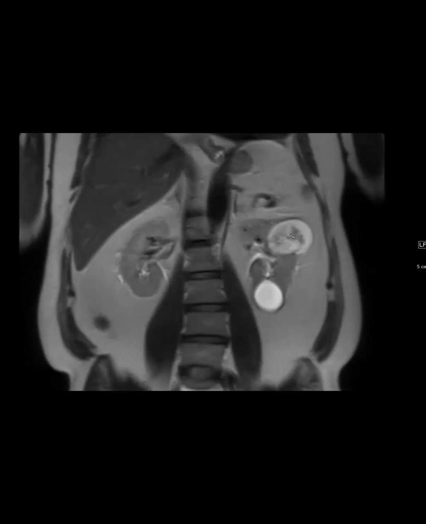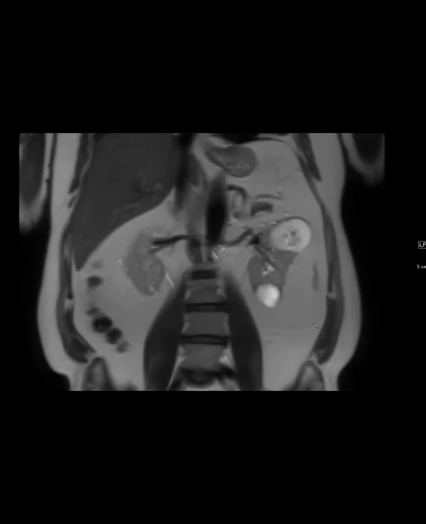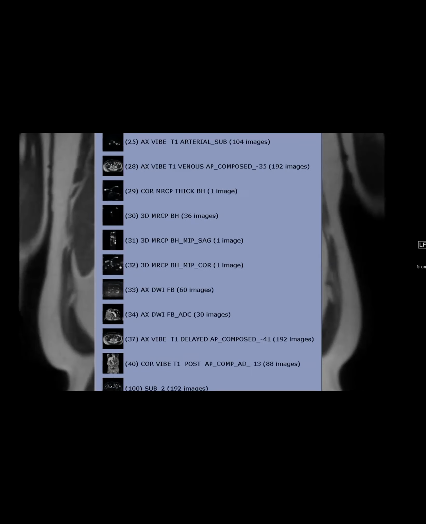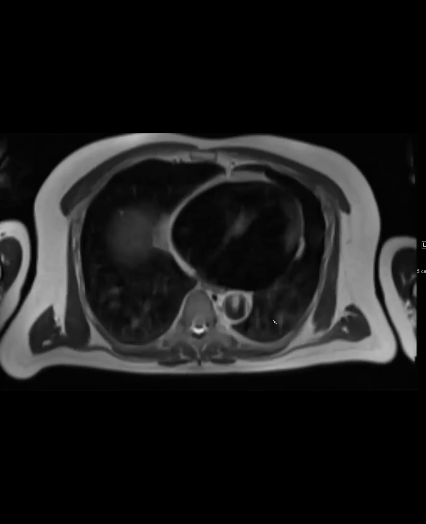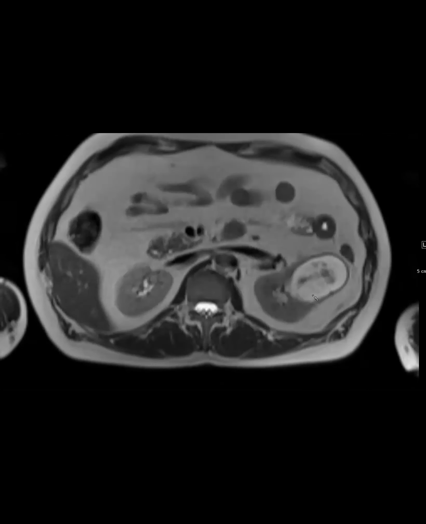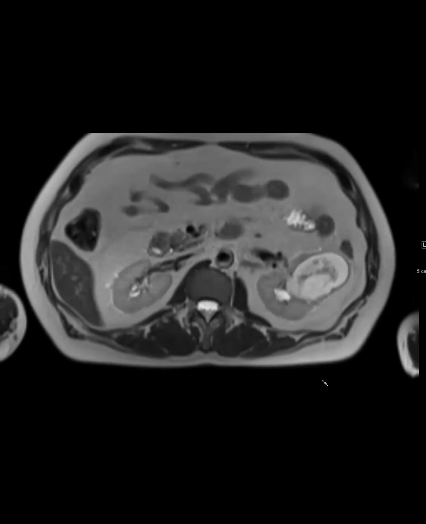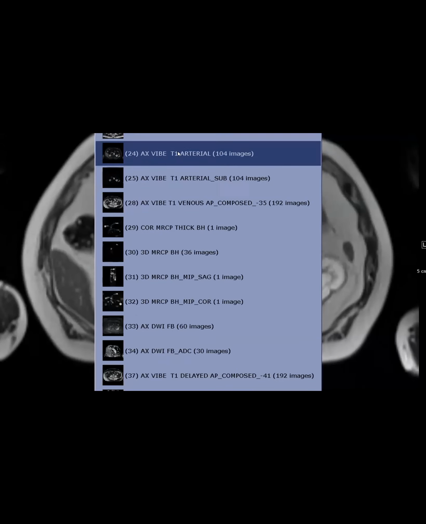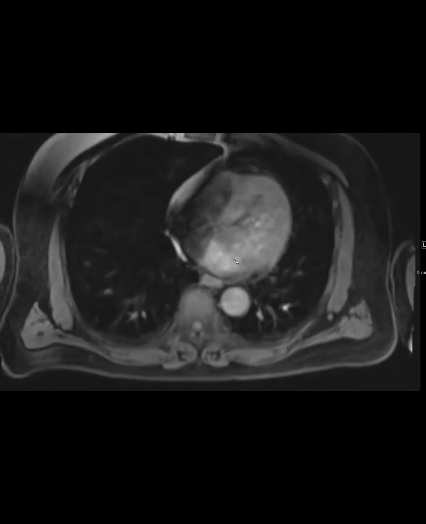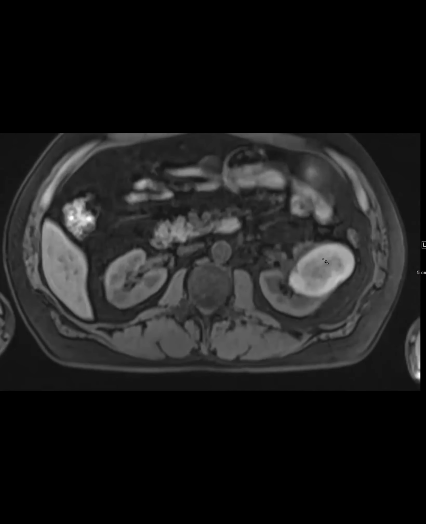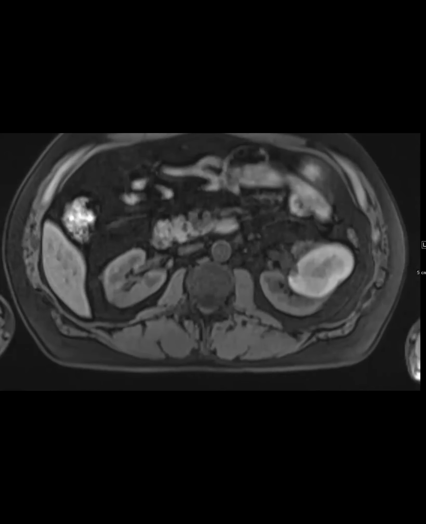It looks a little bit complex. It has some internal structure to it. And it looked like this on the axial HASTE. Pre-contrast, it was pretty bright. It had a lot of hemorrhage within it.